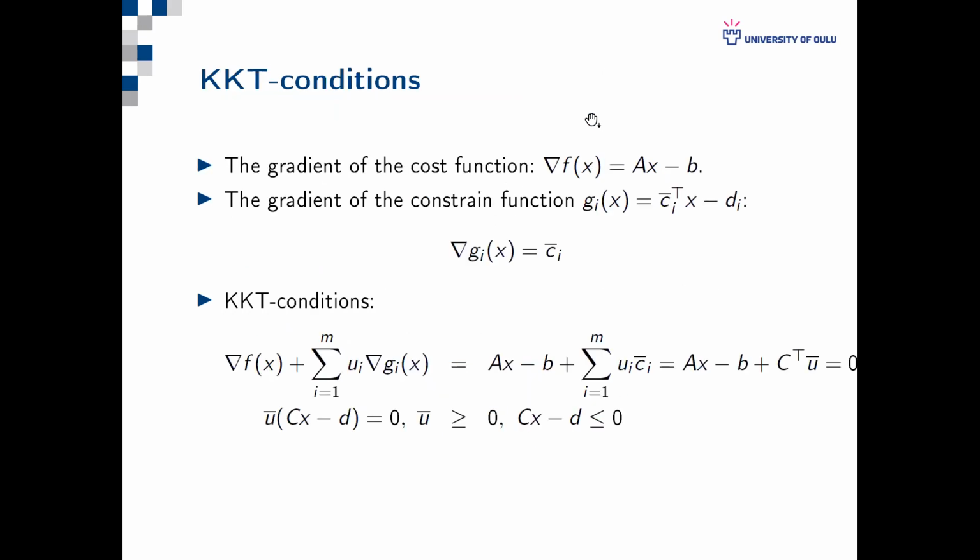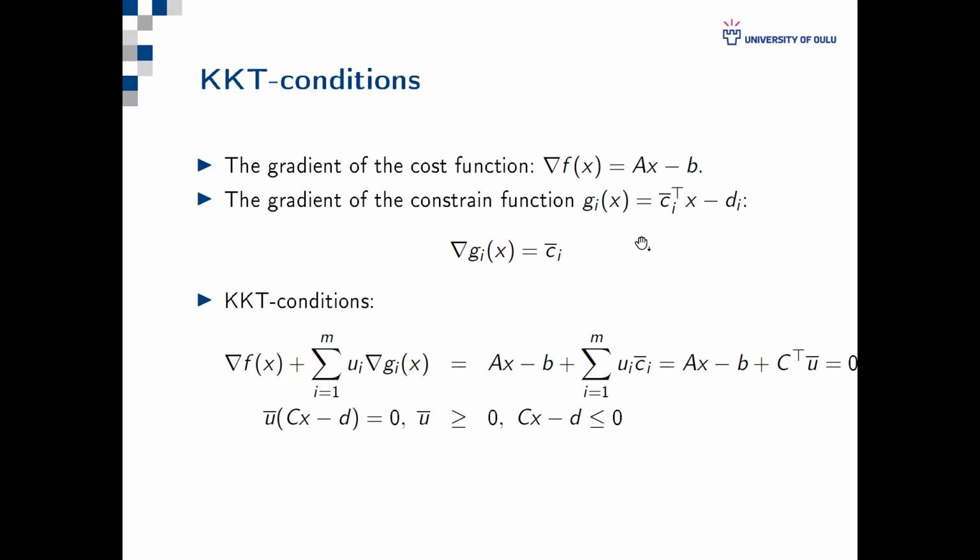So if we want to find the minimum point, we first compute the gradient of the cost function. It is Ax minus b. Then we take the gradients of the constraints.